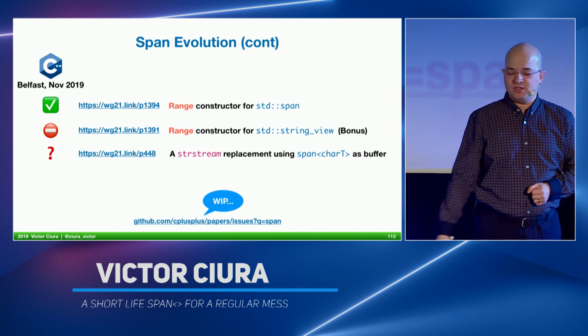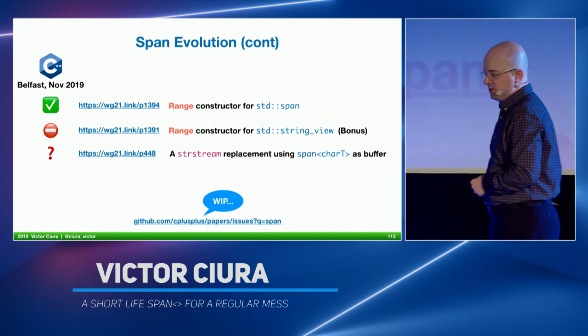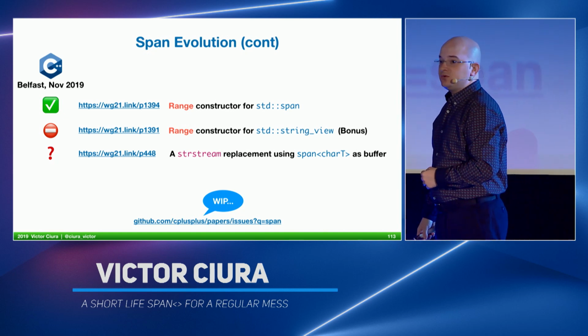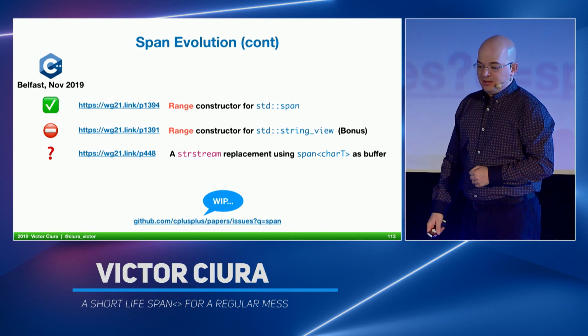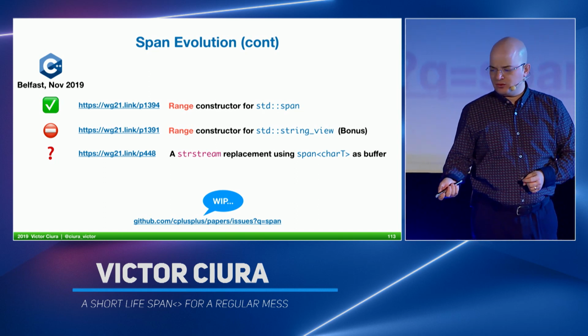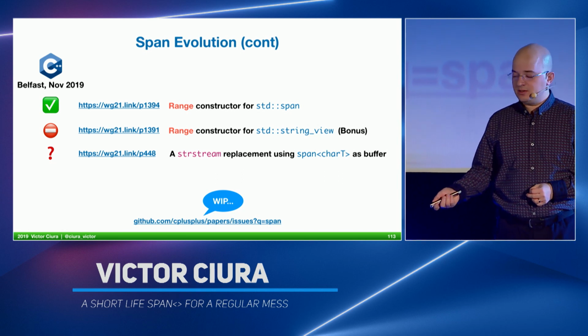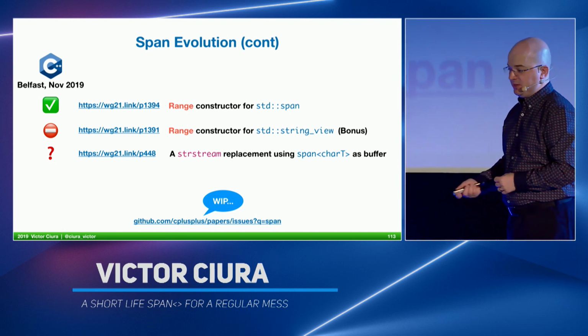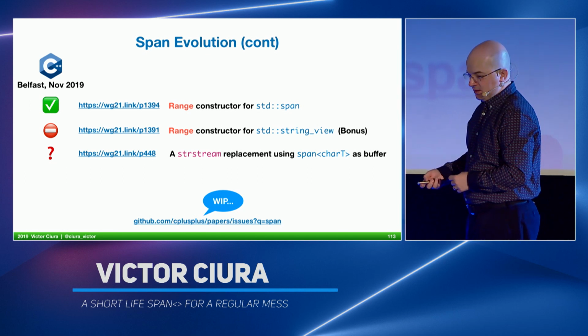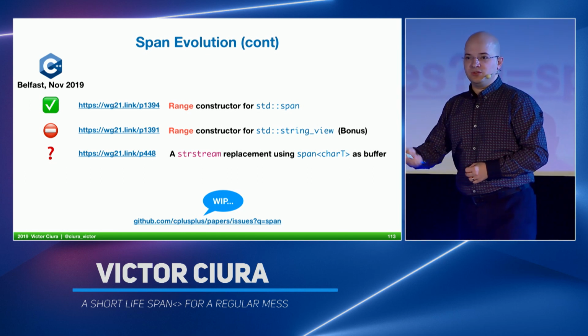I have shown that in the cppreference screenshot where I updated it. We didn't get it for string view yet. And there's even a proposal, I'm not exactly sure on the state of that one, to use span of characters as a stream replacement. So there's work in progress for span and span-like things, so you should expect more.